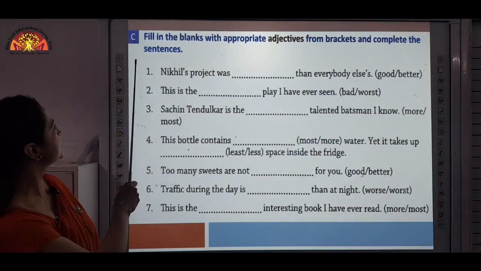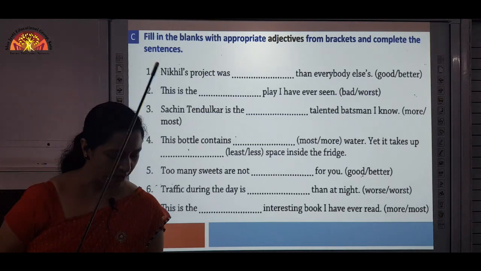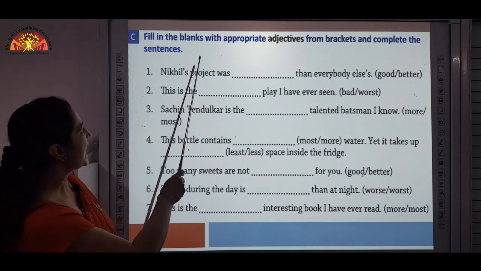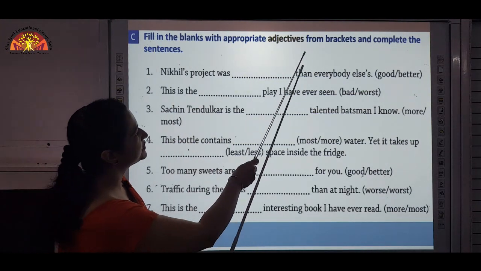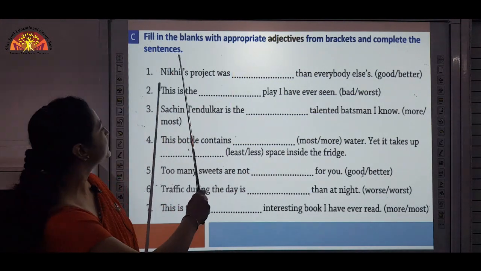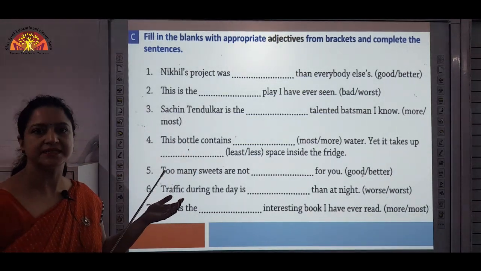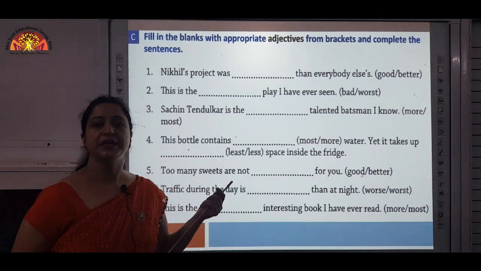Now moving to exercise number C, that is on page number 22. Fill in the blanks with appropriate adjectives from brackets and complete the sentences. Now here some sentences are given and in every sentence 2 options are given. You have to select the correct adjective.